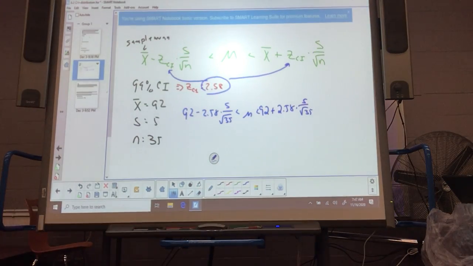So we have two things that we have to calculate. And you can type this straight into the calculator. You can go 92 minus 2.58 times 5 divided by the square root of 35 and hit enter. And then 92 plus 2.58 times 5 divided by the square root of 35 and hit enter.